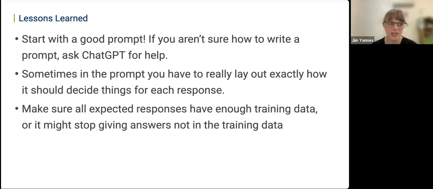And because it was seeing yes most of the time, it just answered yes most of the time, even when the scoring data was a little bit more distributed. So that definitely comes into play as well. You kind of want to make sure there's enough training data for every kind of response you can get.